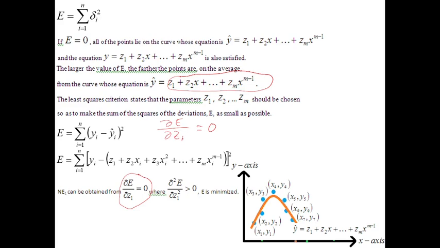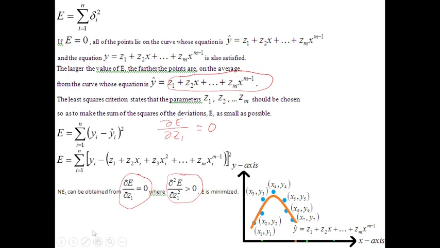And then, when we take the second derivative test, and if it is greater than 0, meaning E is minimized. So, ibig sabihin niyan, minimum value ng E ay makukuha natin, considering the parameters dun sa equation. Okay?